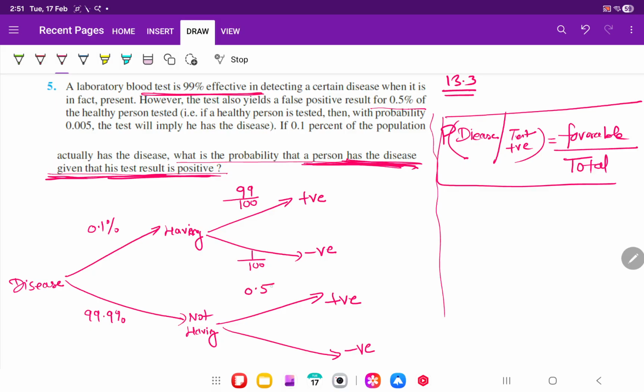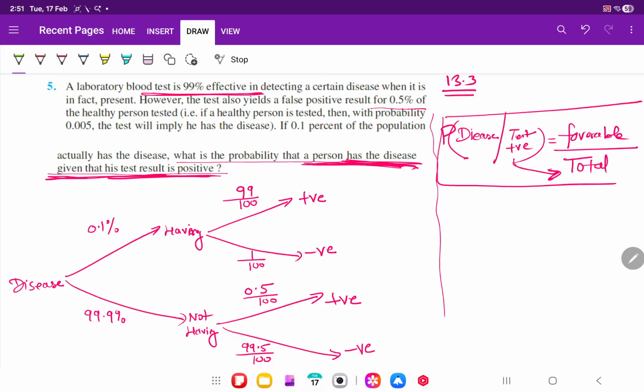So 0.5% is 0.5 by 100. Negative will then be 99.5%, right? Okay, so this is the flow chart which is given. Out of that, we have the condition that the test came out to be positive.